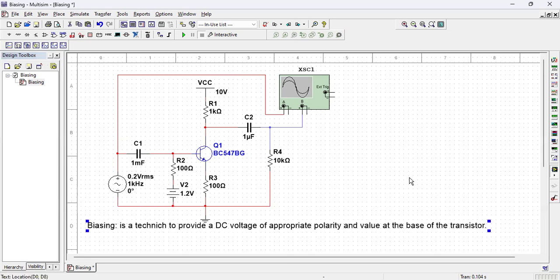In common emitter, here emitter is the common, input to the base, output from the collector. This is called common emitter configuration, which possibly you know already.